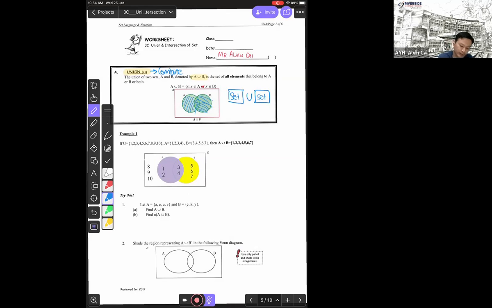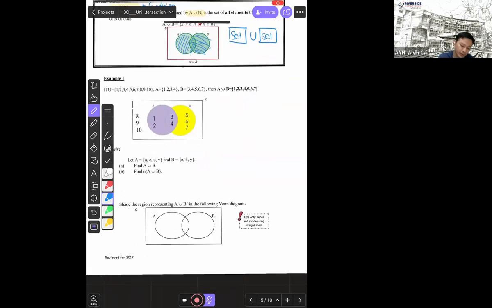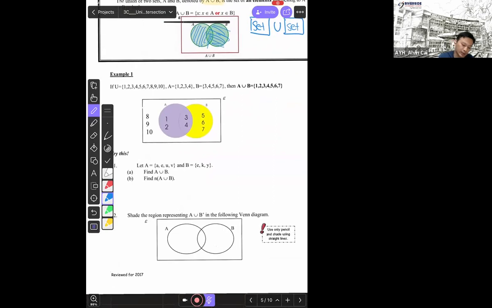So I'm going to use the first example to explain. What do I mean by that? If you look at this first example, A has 1, 2, 3, 4, B has 3, 4, 5, 6, and 7, and the universal set is this. If we use the Venn diagram to draw it out, the common numbers are 3 and 4. 5, 6, 7 are under B, and 8, 1, and 2 are under A. So these are the additional numbers.